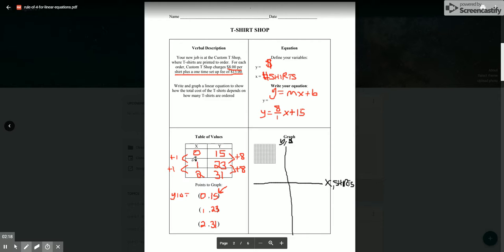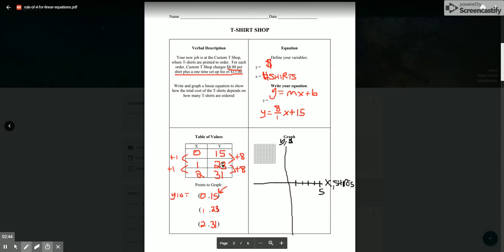And so for x, the way we built our table, we're just going up by 1 at a time. So 1, 2, 3, 4, 5. We might have done a different scale. If somebody's setting up an account, they're probably ordering tens or hundreds of shirts, but you can still build a graph from this.